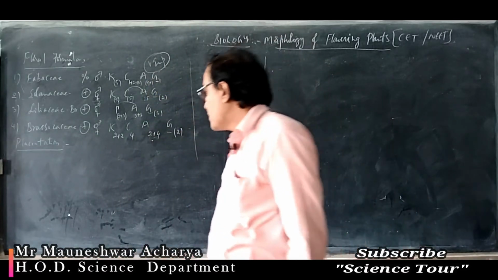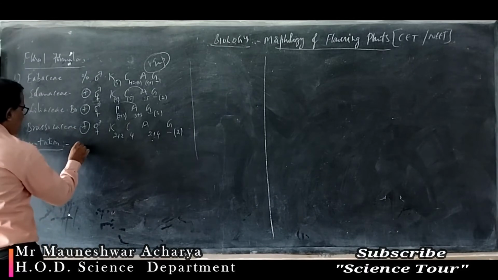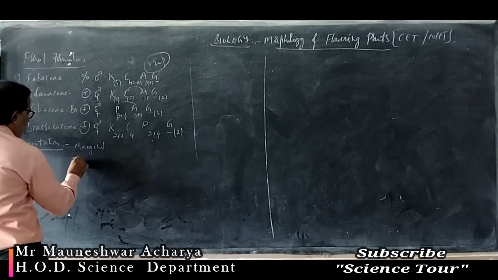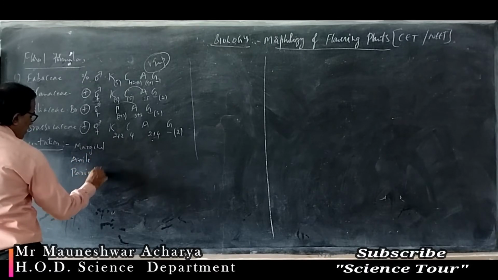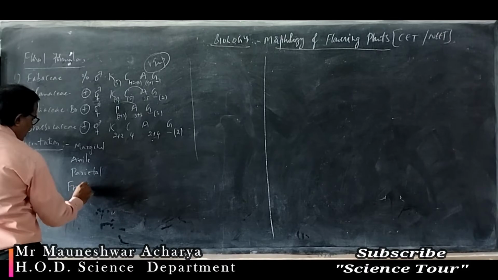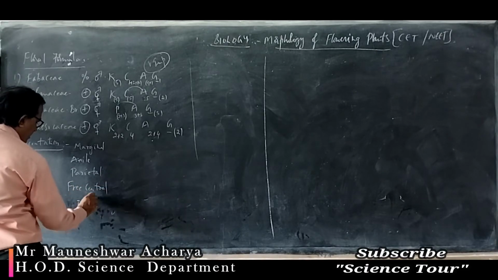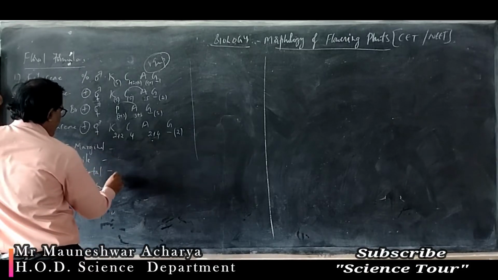Different types of placentation we have studied are marginal, axile, parietal, free central, and basal, correct?